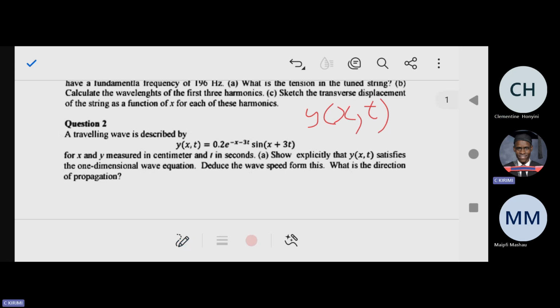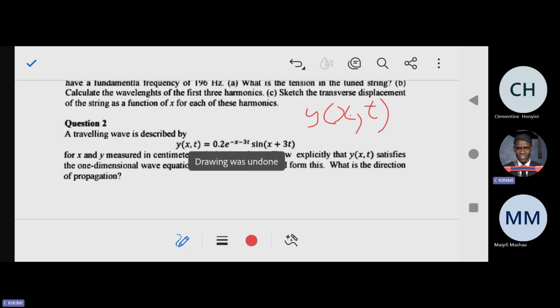We have been given that x and y are measured in what? In centimeters. And t is measured in what? In seconds. So the question is saying, show explicitly that y of x, t satisfies the one-dimensional wave equation.